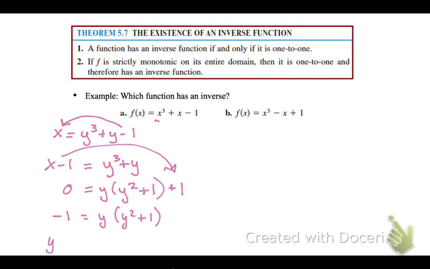So then y equals negative 1, and then y squared equals negative 1 minus 1, because I'd subtract over the 1. Am I skipping too many steps? Okay, you know how I got y equals negative 1, yes? Because y squared plus 1 equals negative 1. So that'd be y squared equals negative 2. And you'd have to take the square root of it, but it's a negative number, so is that real? No. So it's imaginary.